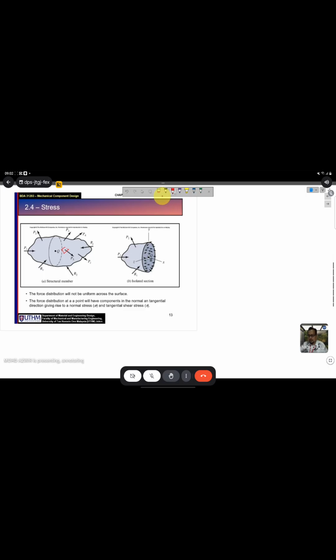And then the other one is shear stress. Shear stress always happens inside the part. The symbol for normal stress will be sigma, and for shear stress, the symbol will be tau. So there are two kinds of stress, sigma and tau.